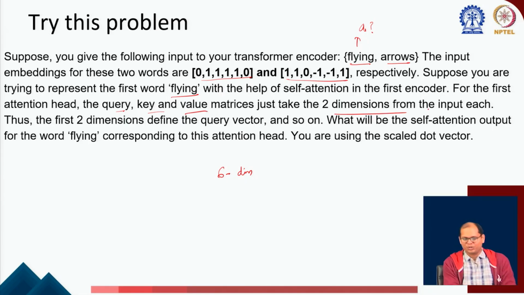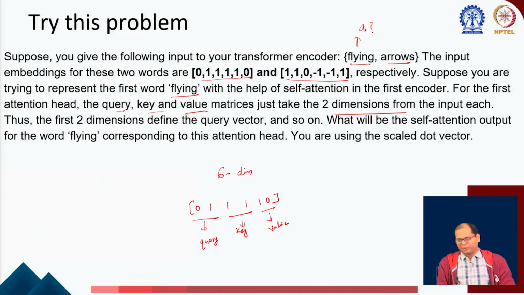So, you have this input 0, 1, 1, 1, 1, 0. You take the first 2 dimensions as the query. So, query is just 2 dimensional, 0, 1, the next dimensions as key and the next as value. You may have the corresponding projection matrices, and you can find out what the corresponding WQ, WK and WV are that will give you this. But let us say for this toy problem, that is how you get query, key and value.